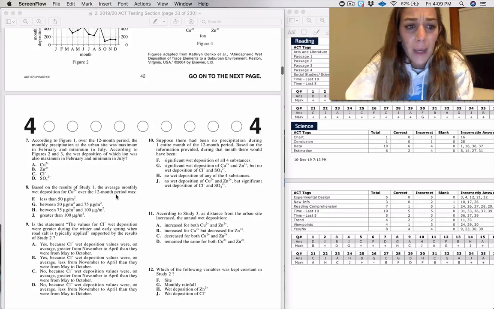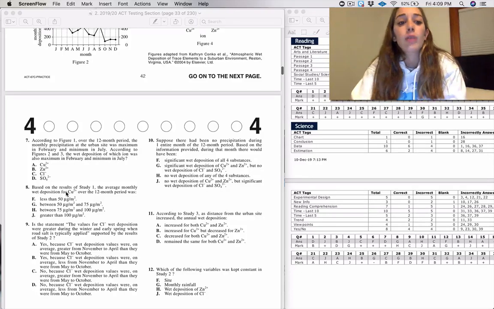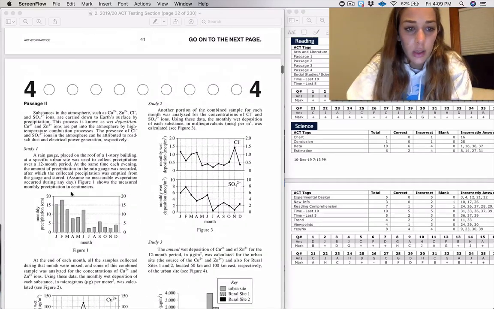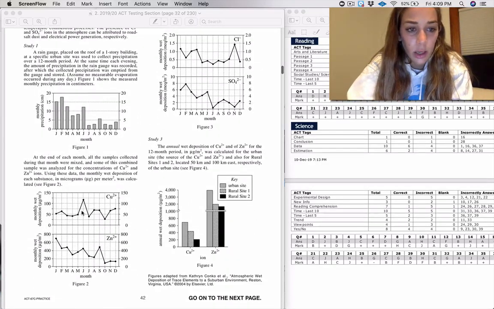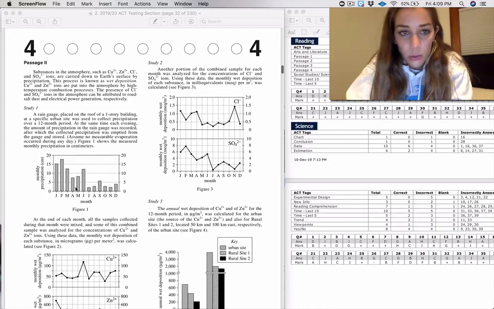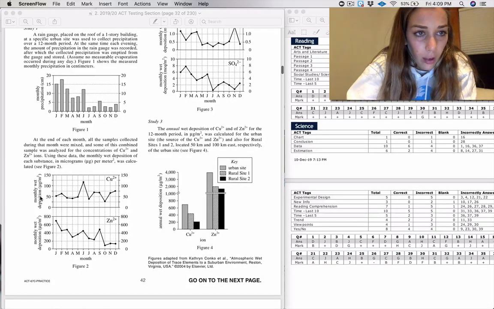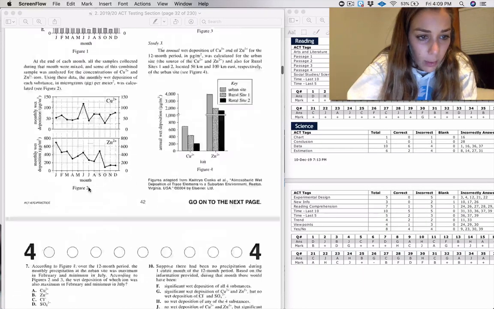number 8. Based on the results of study 1, the average monthly wet deposition for Cu2+ over the 12-month period was. Again, repeat the information in your mind. So we're looking at study 1 and we're looking at wet deposition for Cu2+. Okay, so I'm going to study 1. Here's study 1. And now I'm looking at monthly wet deposition.